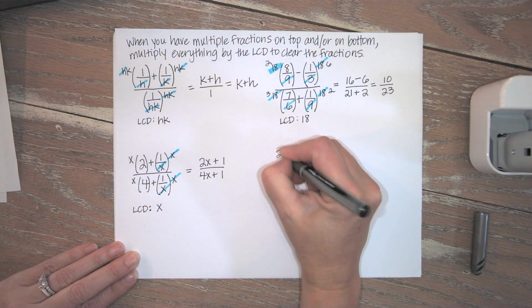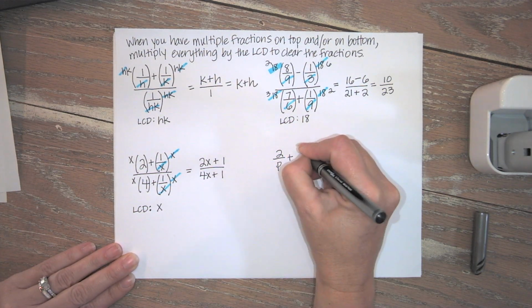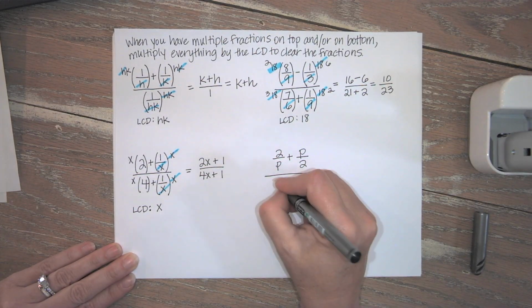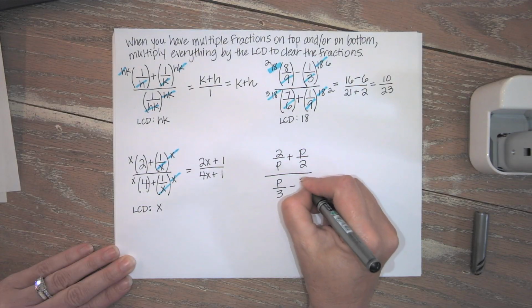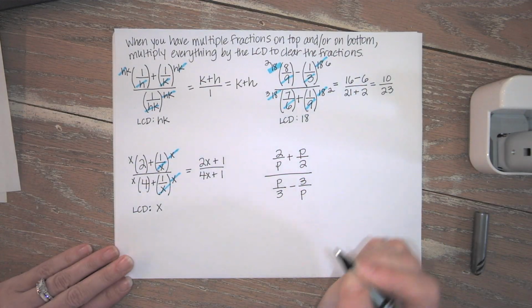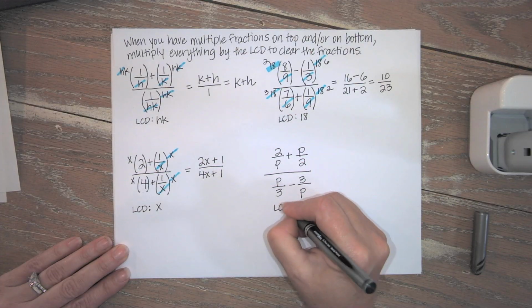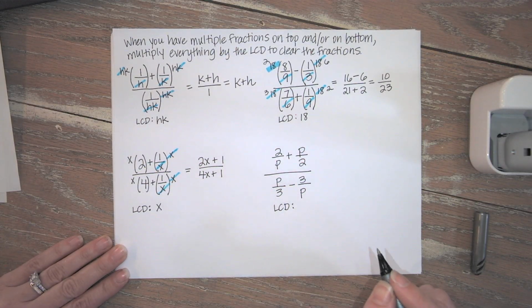All right, 2 over p plus p over 2 over p over 3 minus 3 over p. All right, so again, we're looking for least common denominator for all the fractions that we see within this problem.